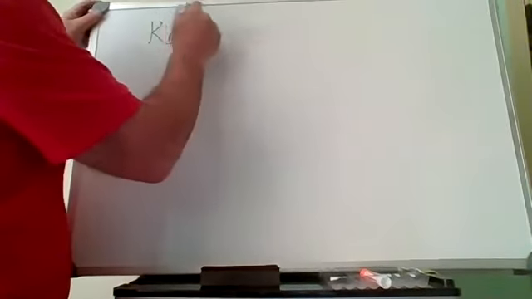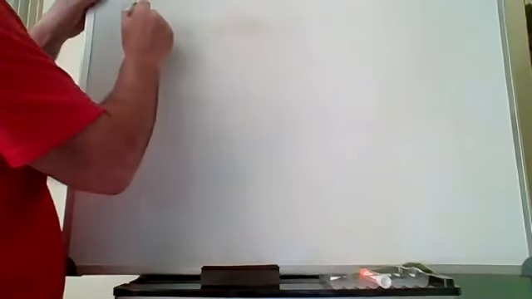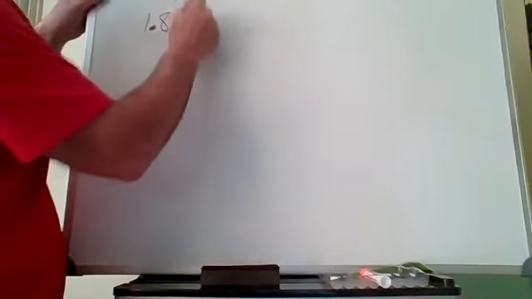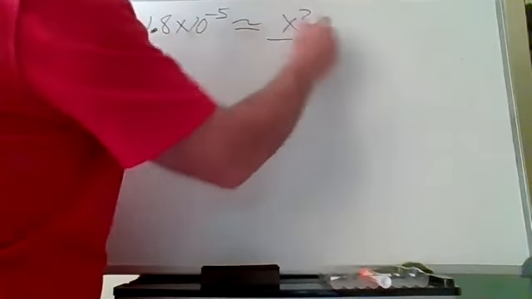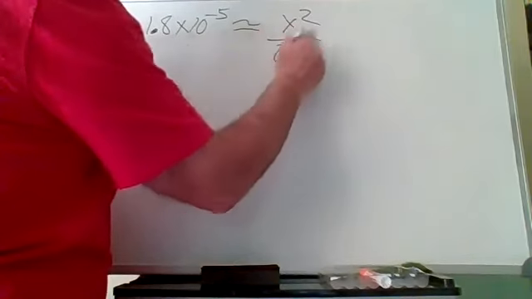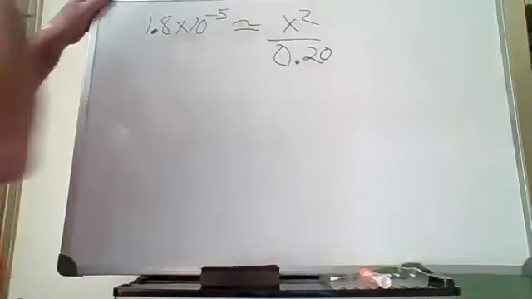So, we plugged in the value for Kb. 1.8 times 10 to the negative fifth is approximately equal to x squared divided by 0.20. We dropped that x.